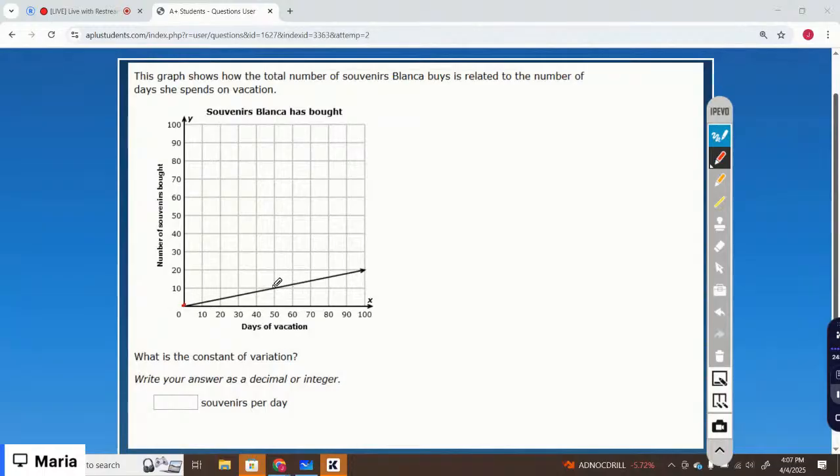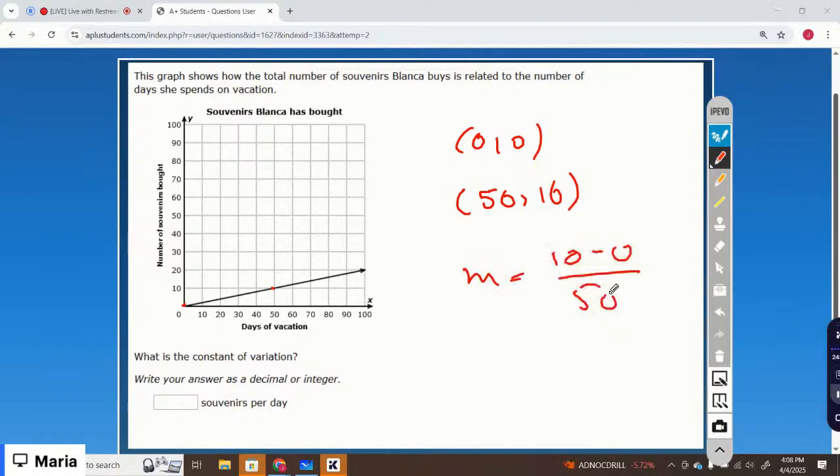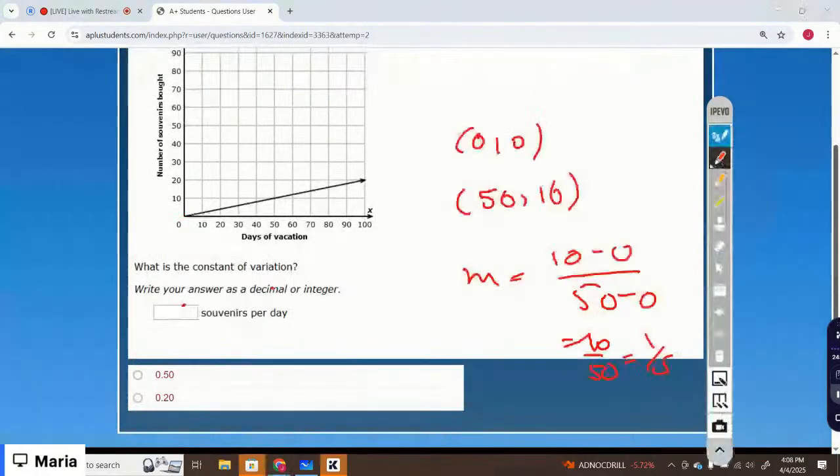Here is the first one, that is 0, 0. And here is the second one, that is x is 50, y is 10. Let's just calculate the slope, that is change in y divided by change in x, that is 10 over 50. That equals 1 over 5. The correct option is 1 by 5, or when you divide, that is 0.20.